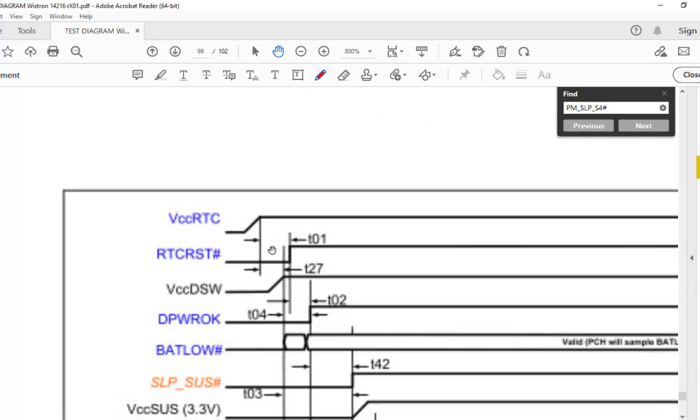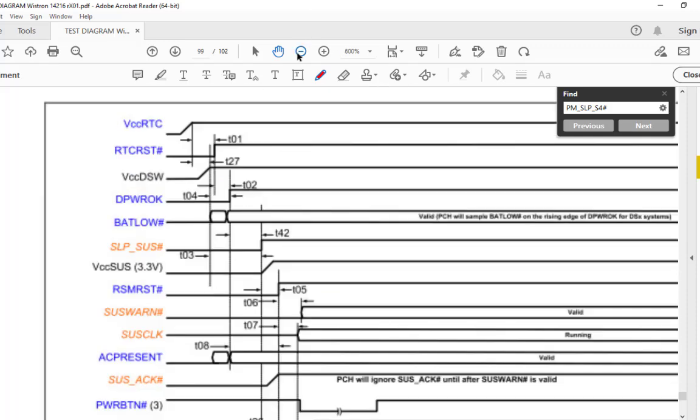At that time you have to follow this ladder. You start checking the signals from RTC VCC first, then RTC reset 3 volt, VCCDSW, which is basically the power to the PCH, then DPWROK, again the confirmation signal to the PCH that the power is stable, then the battery low signal should be high, the SLP_SUS signal should be high, the VCCSUS signal, then the RSMRST.